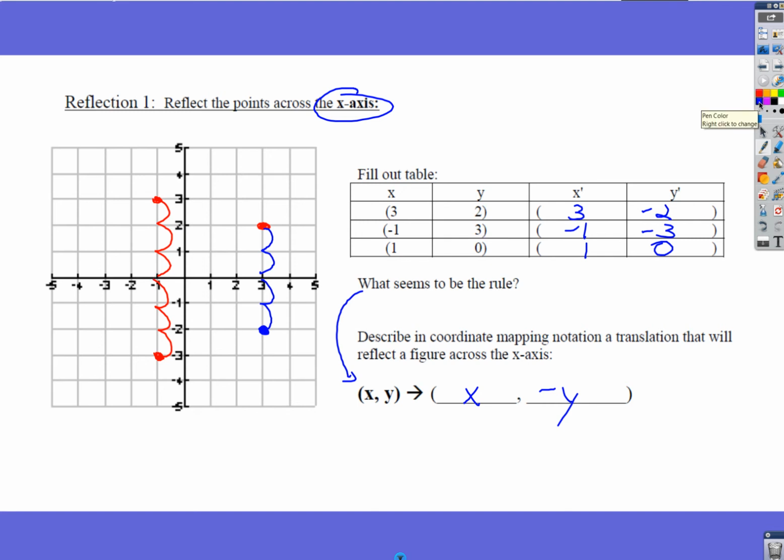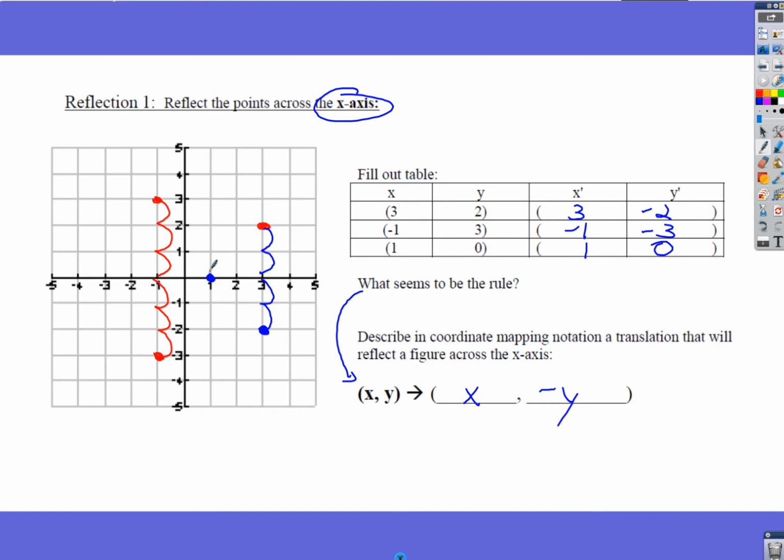1, 0. Sorry, 1, 0 is here. What would happen if I were to flip that? This is actually good. I'm actually glad I drew this. But wait, the image also says 1, 0. Yeah, because if it's on the axis and you flip it, it just stays on the axis.